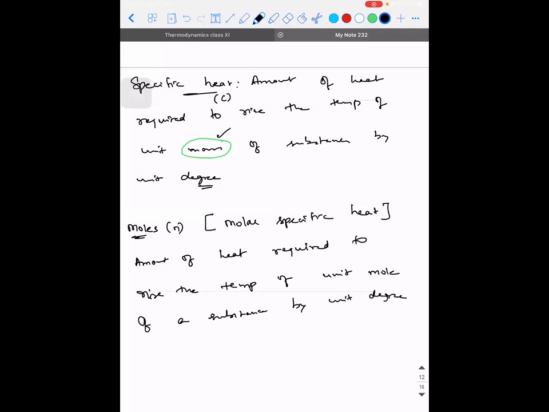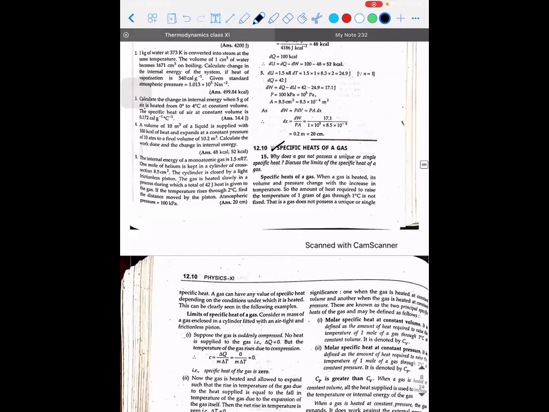If I bring the change from mass to mole, then the name of the specific heat changes to molar specific heat. That is our topic of discussion. Those are called the specific heats of gases.